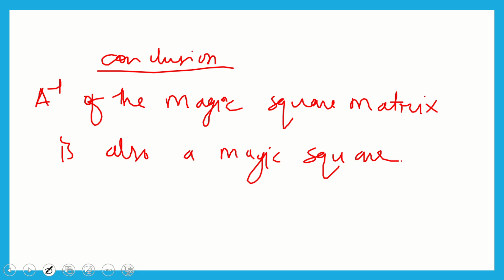So today we have learned that any magic square matrix, which satisfies the condition of a square matrix and also the condition of a magic square, if we find its inverse, then it is also a magic square matrix. It is a matrix because we are finding the inverse by matrix forms, but the main thing is it has to follow the conditions of the magic square matrix.